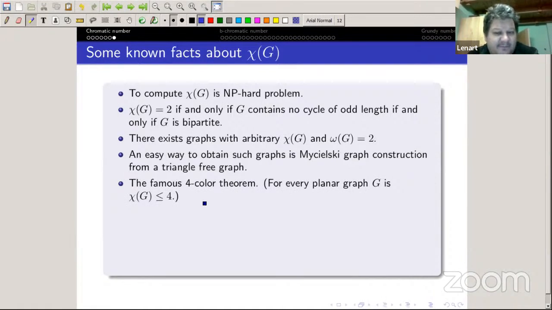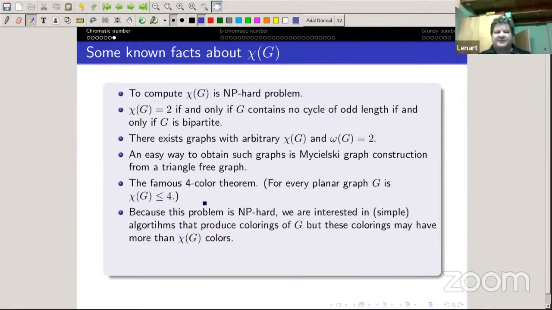This means that every planar graph can be colored with at most 4 colors, maybe with 2 or 3, but 4 is definitely enough. The proof for that was actually done by a computer in the 80s of the previous century.